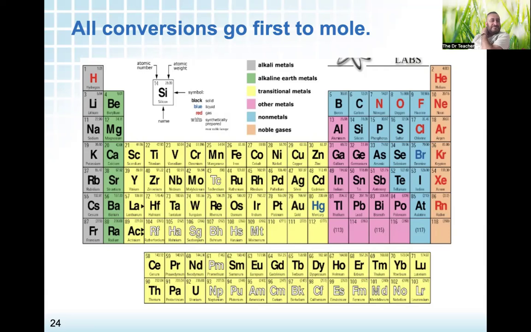The number written at the top is the atomic number, the lower is the name, the top right is the atomic weight, and the symbol is here. So this is the general layout.